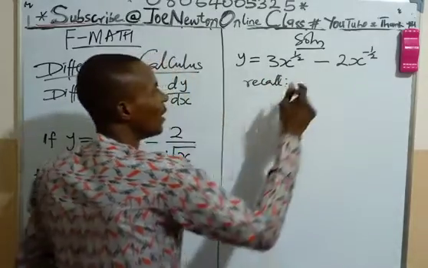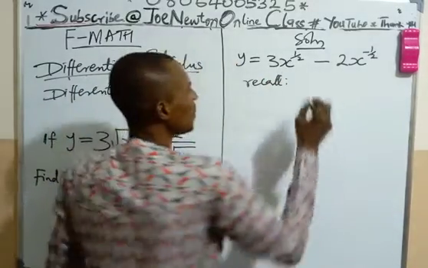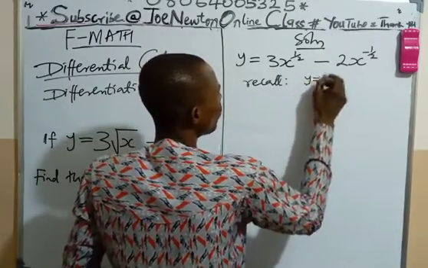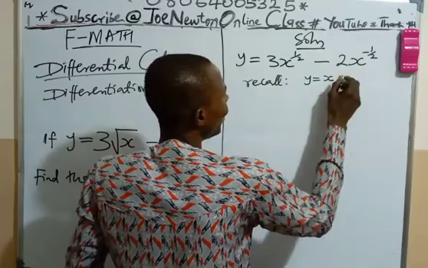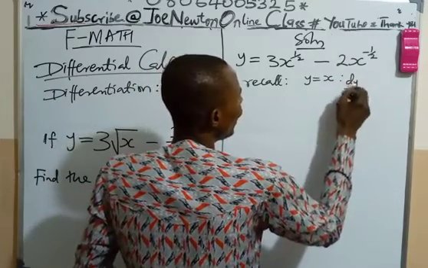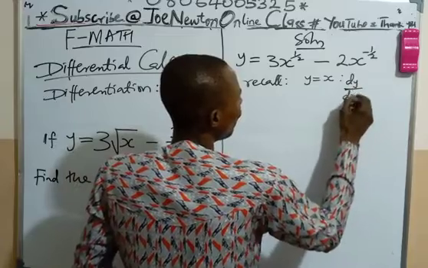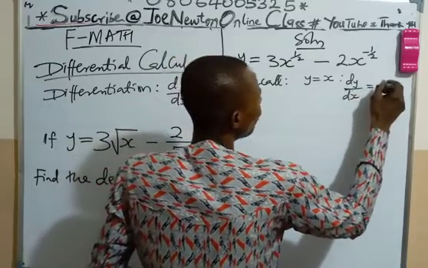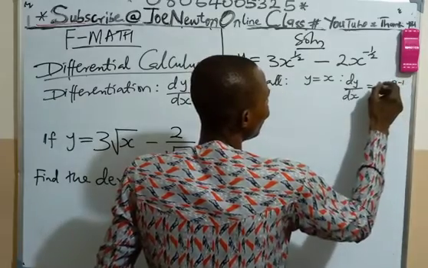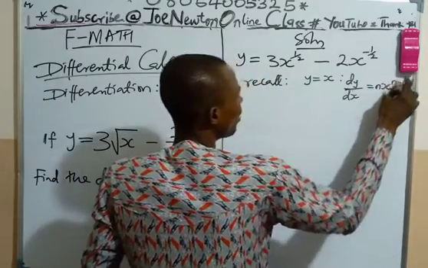Then you now recall our differential rule, that if y is equal to x to the power n, then dy/dx is equal to n times x to the power n minus 1.